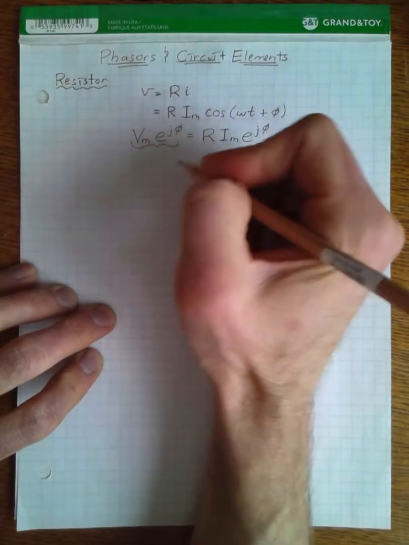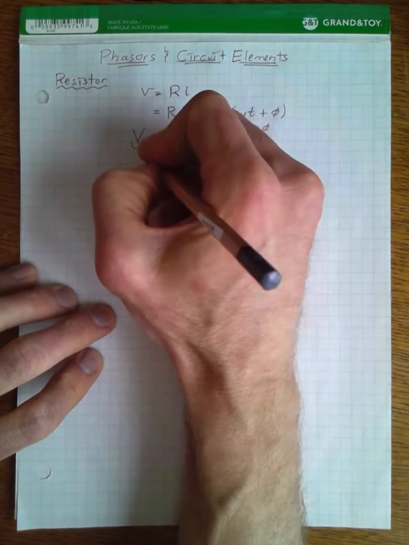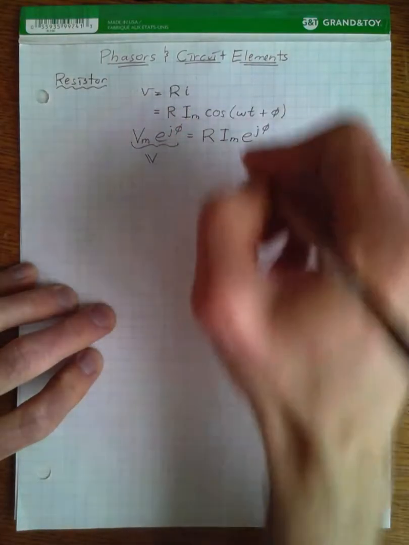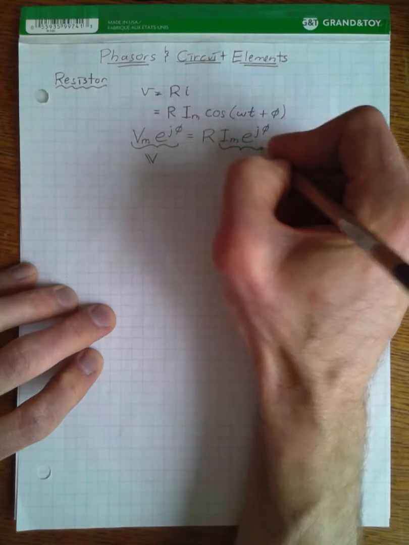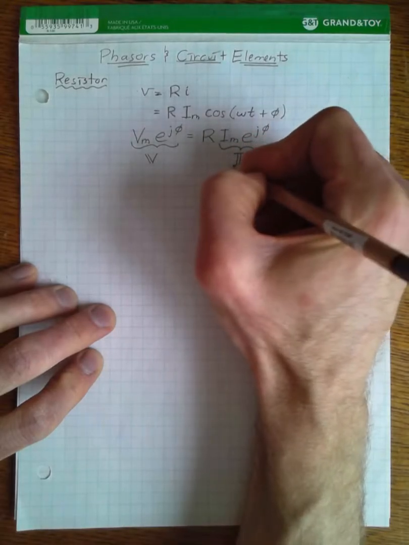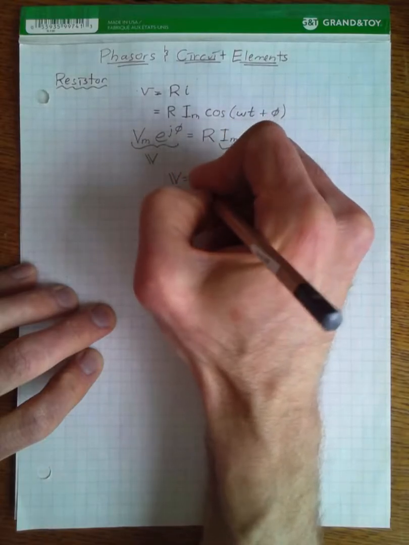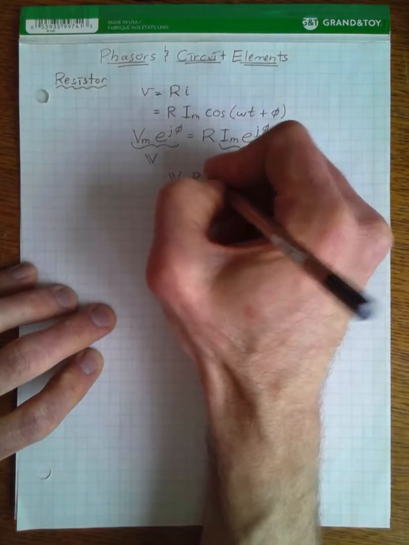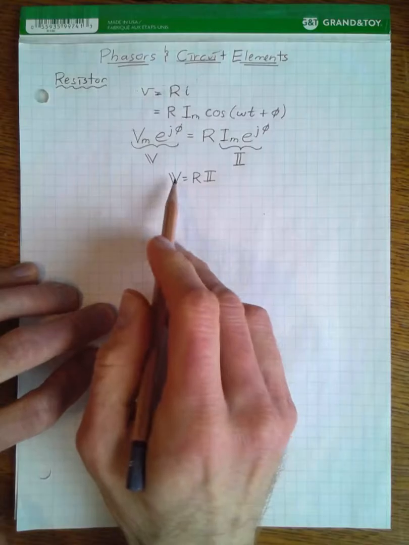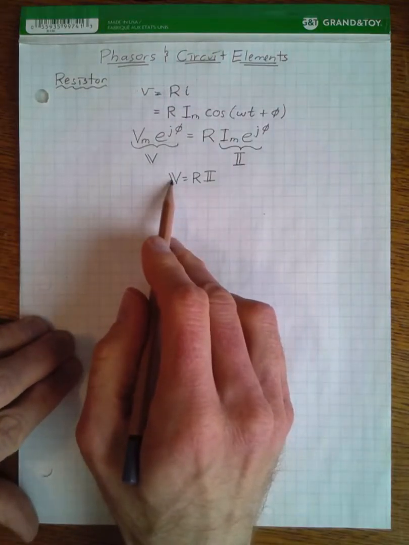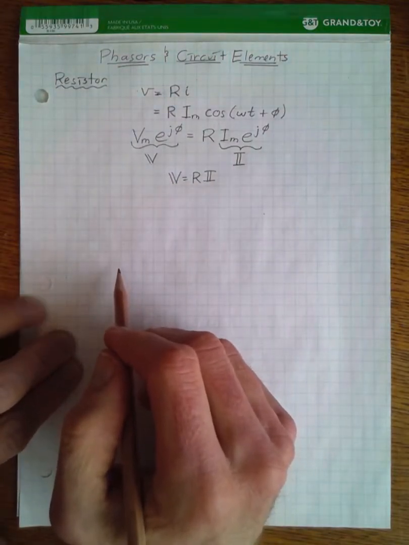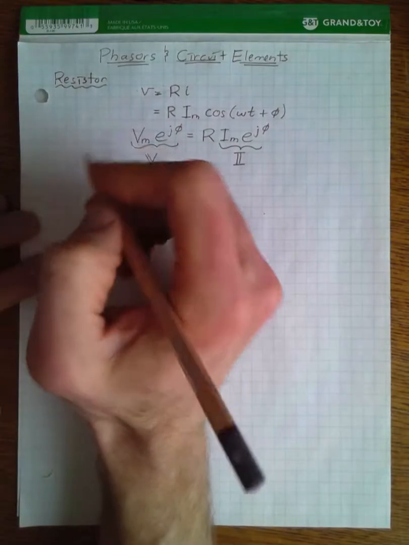And so this voltage, I'm just going to represent like that. And this current, I'm just going to write like that. So we've got V is equal to R times I. And with this notation, we understand that voltage and current are both phasors. And so let's move on to the inductor.